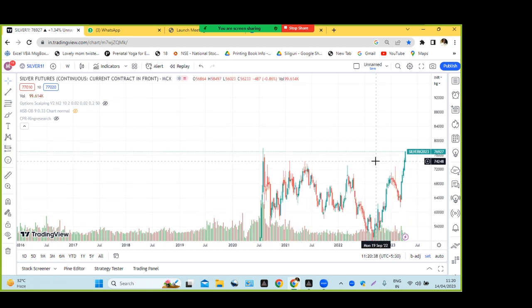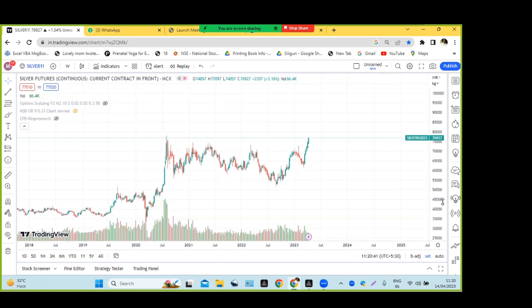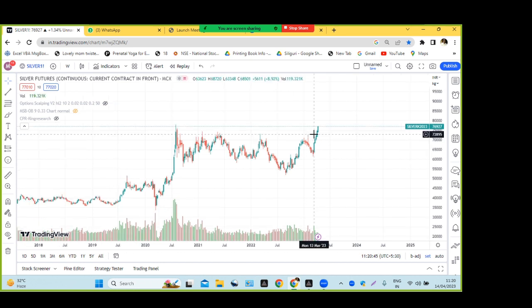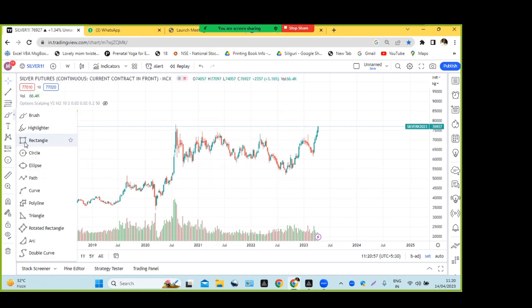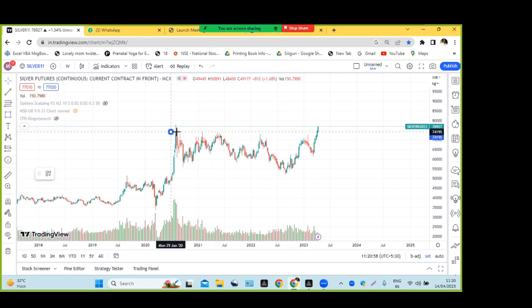Okay. Now see, this is the silver. I am taking this because currently the market is somewhere here. Imagine I was here on 13th March, I was about to read this. So how will I read? Simple. I will take a rectangle and mark the maximum points touching.